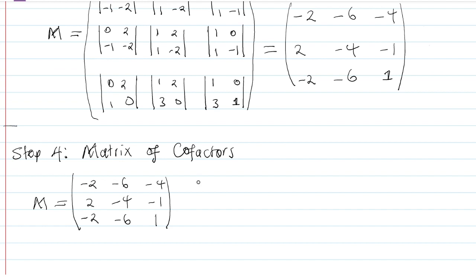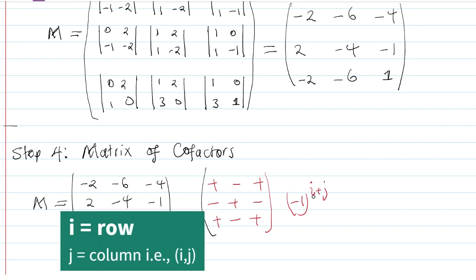Since this is a 3 by 3 matrix, we are going to have the signs as follows: positive, minus, positive, minus, positive, minus, positive, minus, positive. So the signs are simply alternating. The other way of looking at the signs is by determining -1 to the power i plus j, where i represents the row and j represents the column.